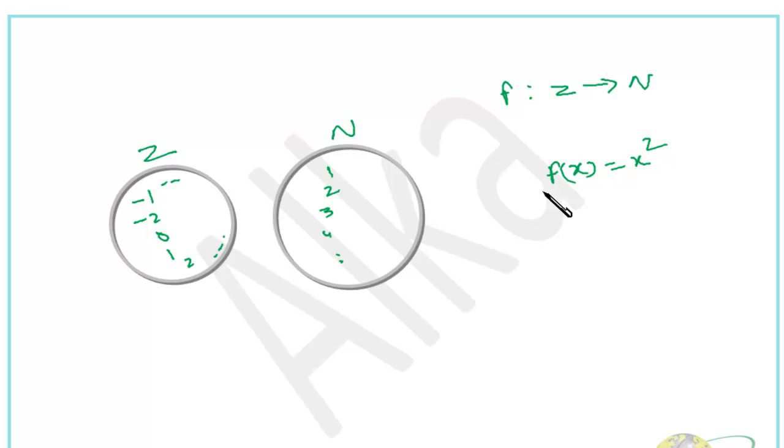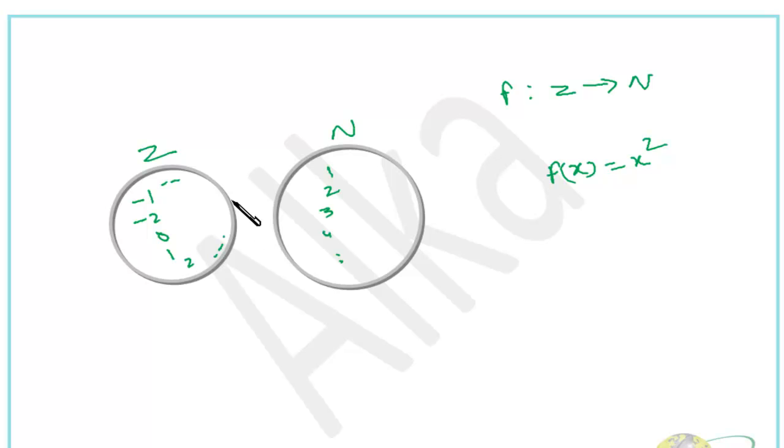Now we have to find out whether the given relation is a function or not. Now friends, to be a function, we have to show that every element of this set has an image in this set. Minus 1, the square of minus 1 will be 1, square of minus 2 will be 4, that will be in the set of natural numbers, square of 1 will be there, square of 2 will be there.